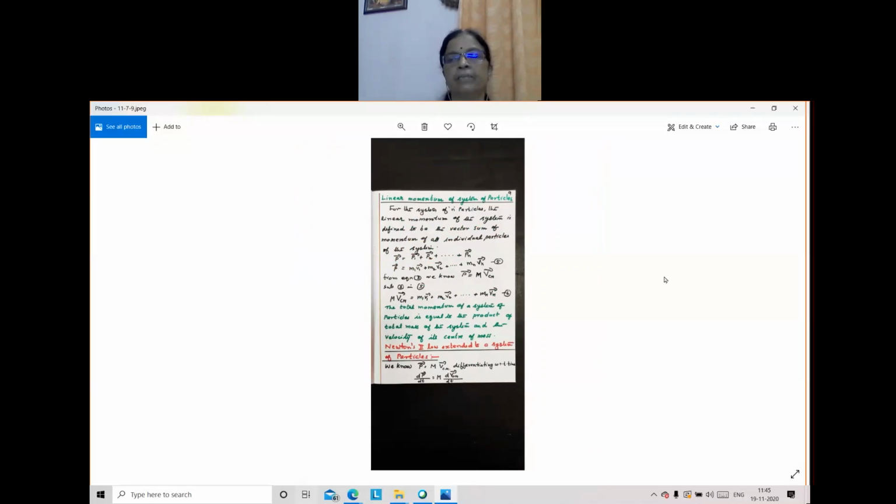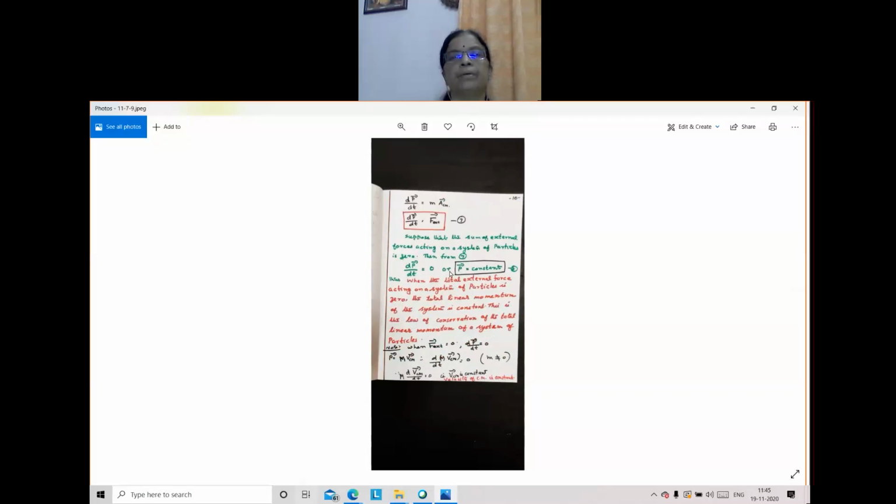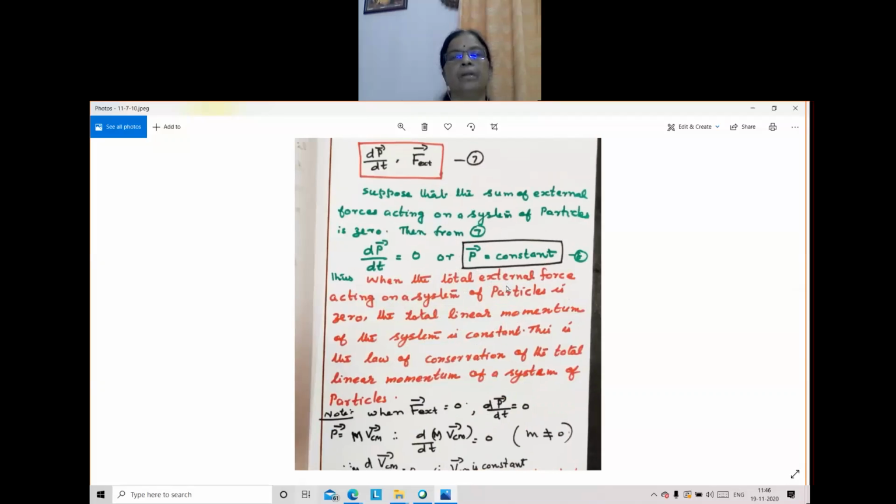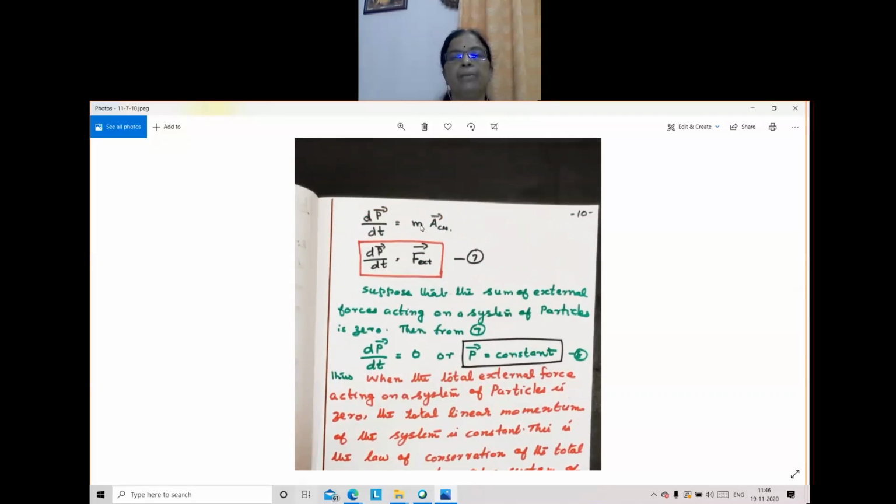Acceleration vector. dP by dt equals M into the acceleration vector, the acceleration of the center of mass. Mass into acceleration is force, F external.